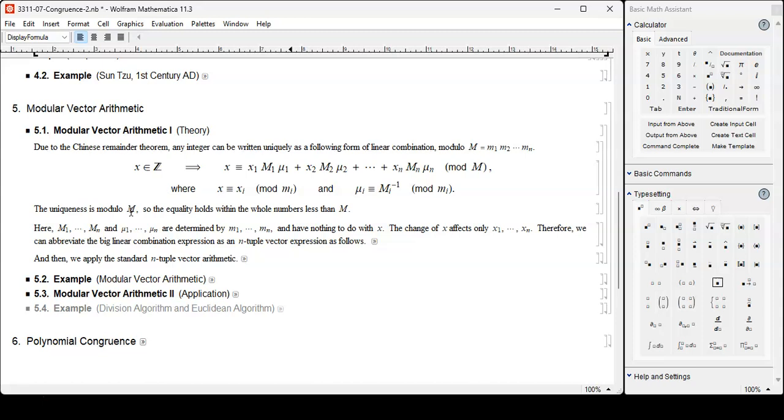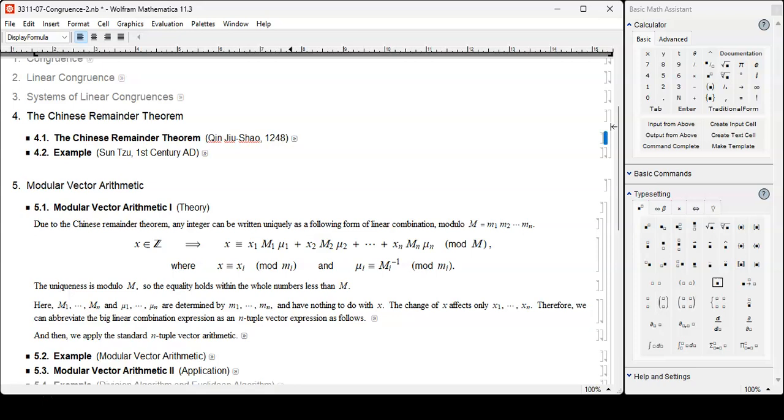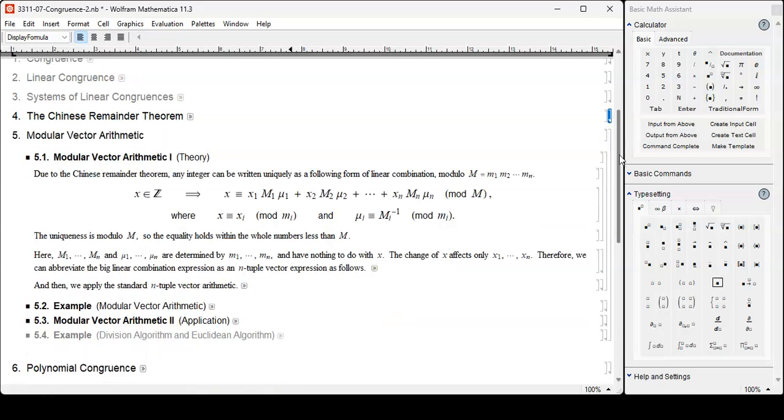You can come back, but there is a difference, and the difference is a multiple of capital M. So we have uniqueness modulo capital M. In any case, we got the association, and we successfully had a change of viewpoint, so that any x can be written like this using the Chinese remainder theorem, and that expression is unique modulo capital M. And then for each component, x1, x2, x3, and so on, those are unique modulo small m1, small m2, small m3.